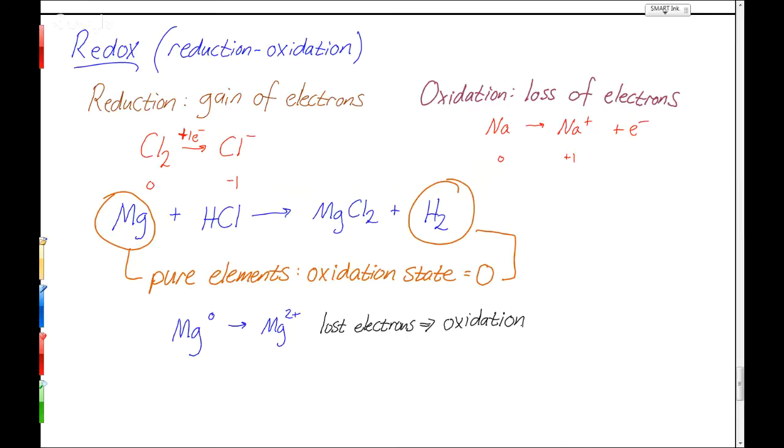So what do you think gained electrons? The hydrogen, yeah, because it was in a compound before, and now it's by itself. If it's in a compound, it usually has a non-zero charge. In HCl, does anybody know what the charge on hydrogen is in HCl? If you had to guess? Yeah, +1.